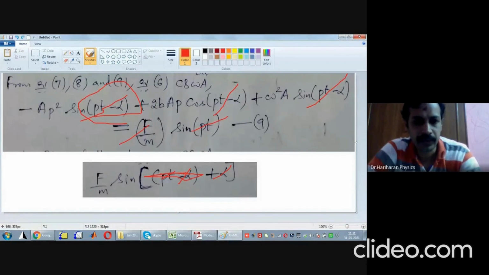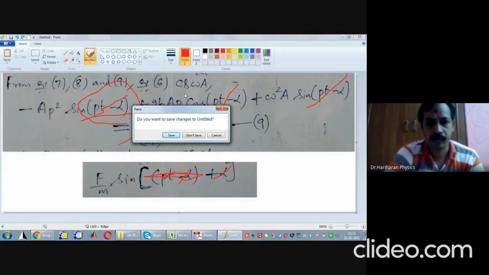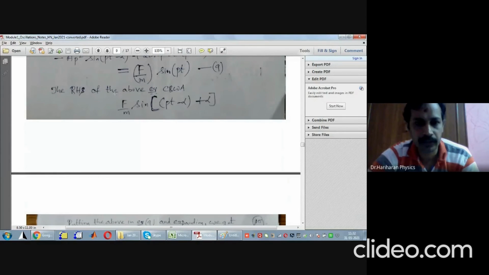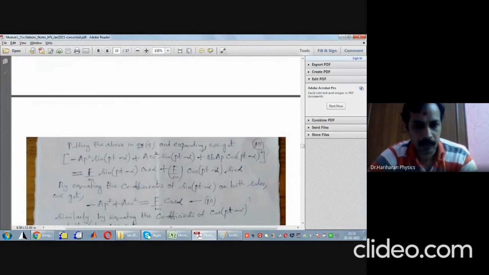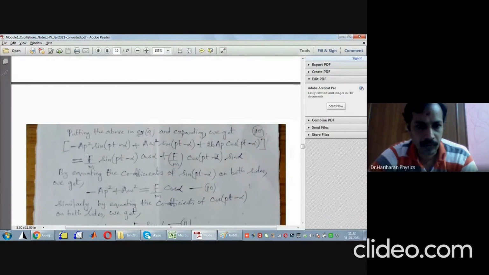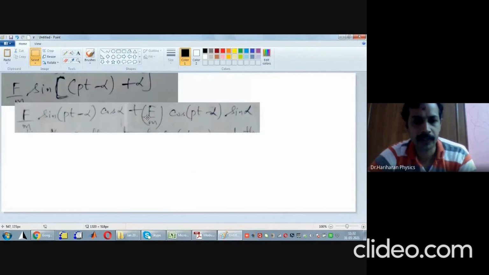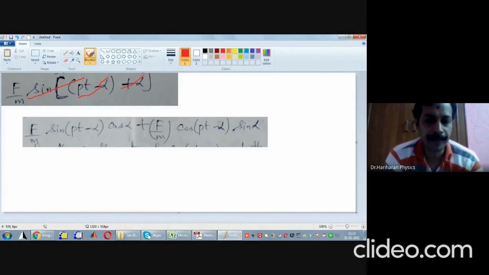Look here. If I expand my right hand side here, sine of a plus b, what is the formula in trigonometry? It is sine a cos b plus cos a sine b.